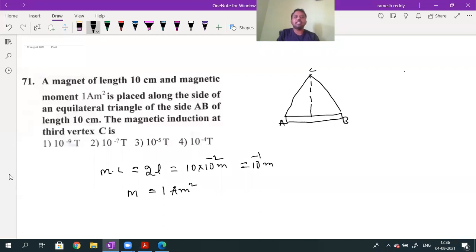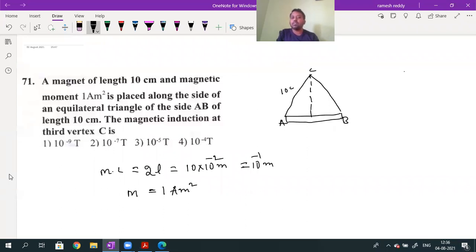So bar magnet length value 10 centimeters, magnetic moment value 1 ampere meter square, placed along the side of equilateral triangle, side AB. So equilateral triangle, all sides are equal. What is the magnetic field induction value at the third vertex they are asking us to calculate. So here it is the third vertex. Equilateral triangle means all sides are equal.